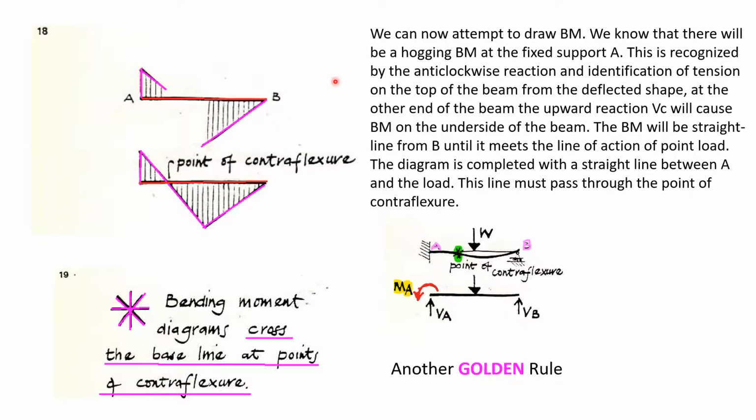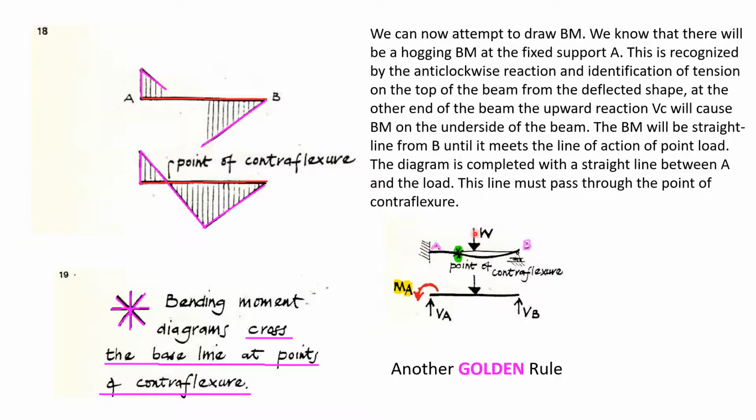Now we can attempt to draw a bending moment diagram. We know that there will be a hogging moment at the fixed support A, as shown here. This is recognized by the anti-clockwise reaction.